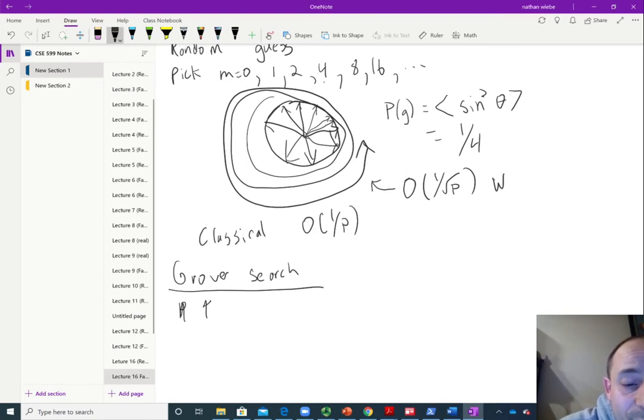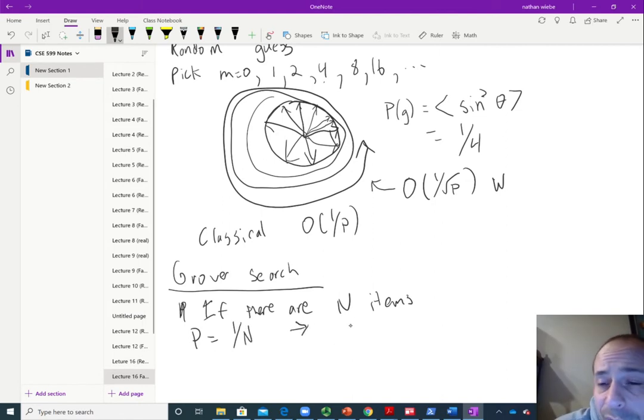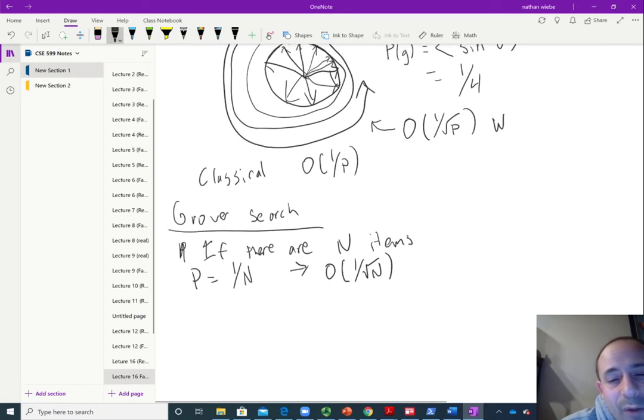So if there are n items that we're searching through in quantum search, then the initial probability of guessing the right one is 1 over n. This amplitude amplification analysis recaptures what we saw last lecture and tells us that we would need order square root n applications.